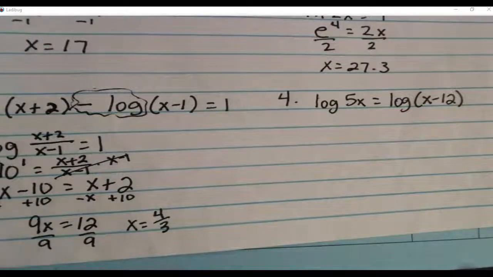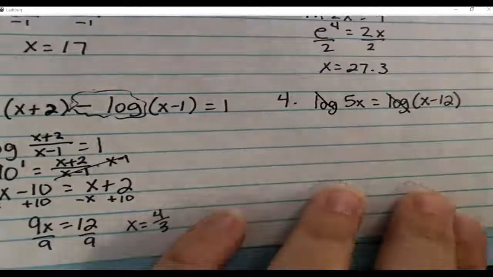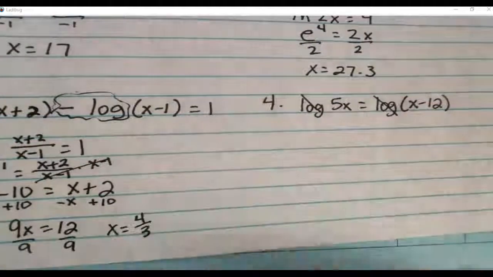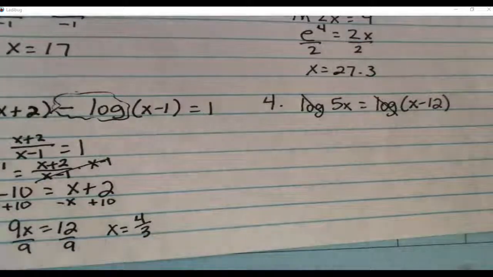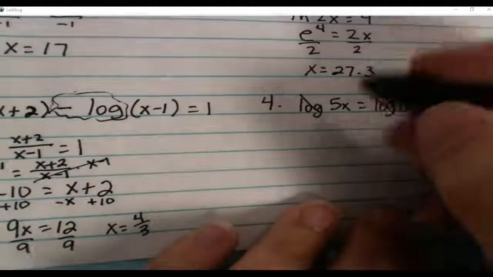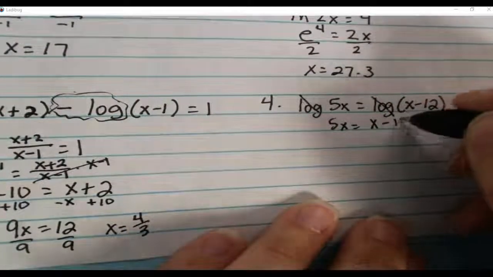So do I have one log on both sides? Yeah. So then I can cancel them out. So again, if we changed it, it would be like 10 to the log and 10 to the log, and those cancel both of them out, and so they just end up canceling. So then we just have 5x equals x minus 12.